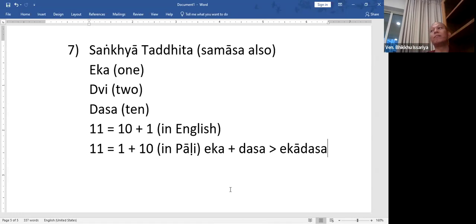Is reading suttas the only way, or can we practice in a simple way? Maybe later I will provide a list of those suffixes for the first group, for the second group, for the third group like that. So at that time you can add them to some word and create new words.